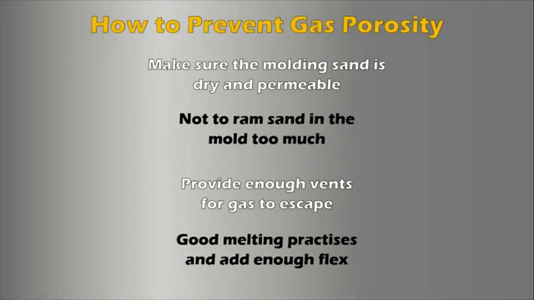Use dry molds and cores, and be sure that there's enough venting in the molds to allow gases to escape. You should also use good melting practices by melting the material in a vacuum, around low solubility gases, or under a flux, which prevents air from touching the molten metal.